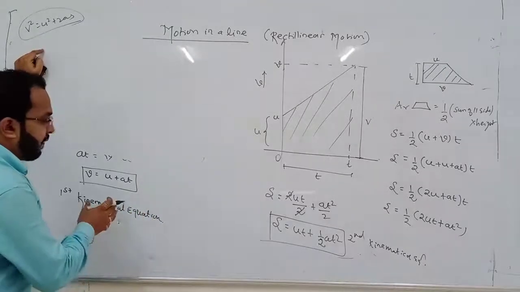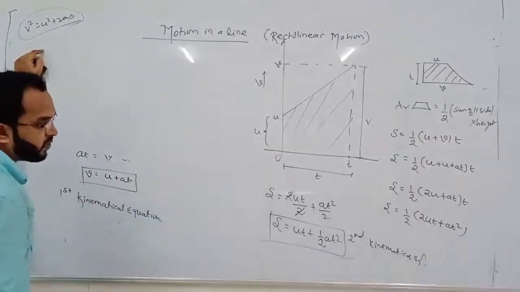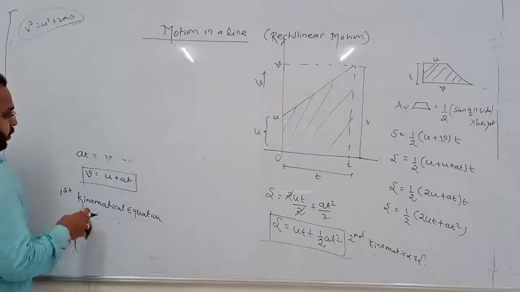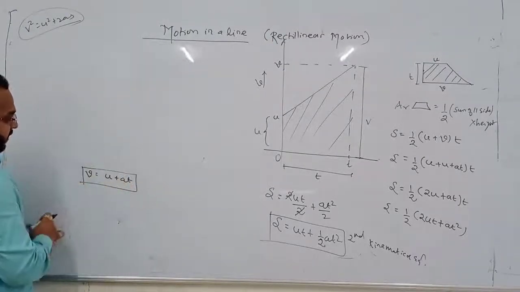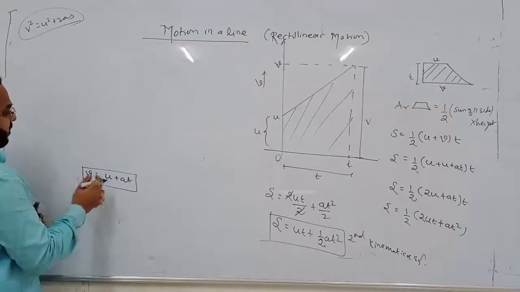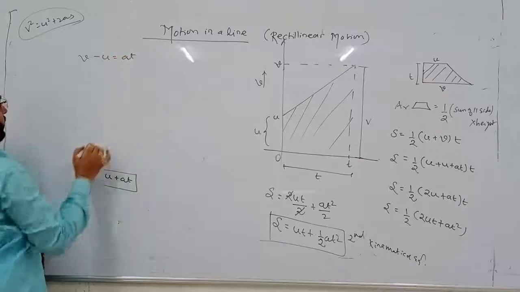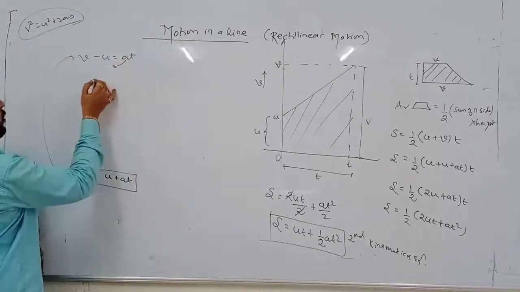So if I find time from here and substitute in the second equation, time will get eliminated, the substitution method. So what I will do here, see, again the reverse engineering. From the first, v minus u is equal to at. From this, u इकडे जाणार, a ने डिवाइड करूया.